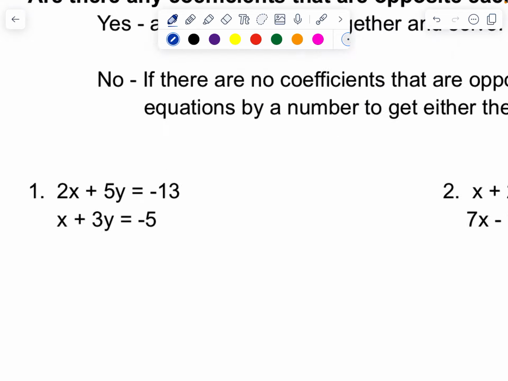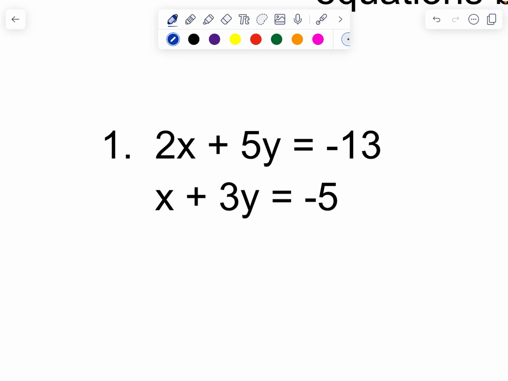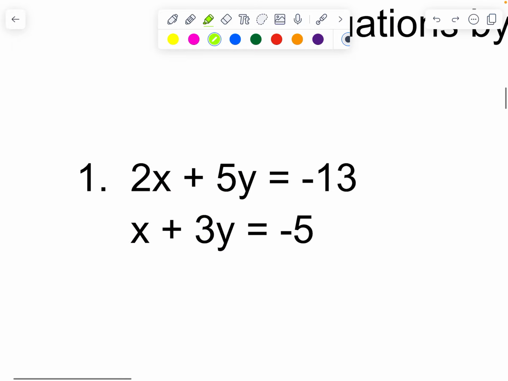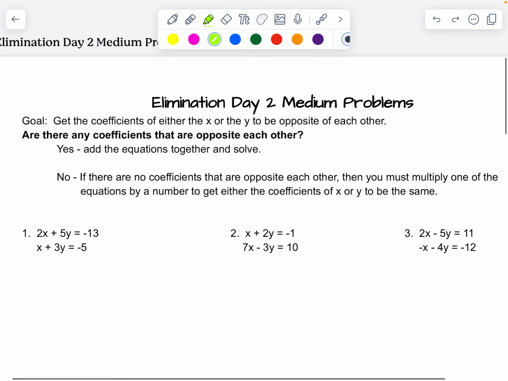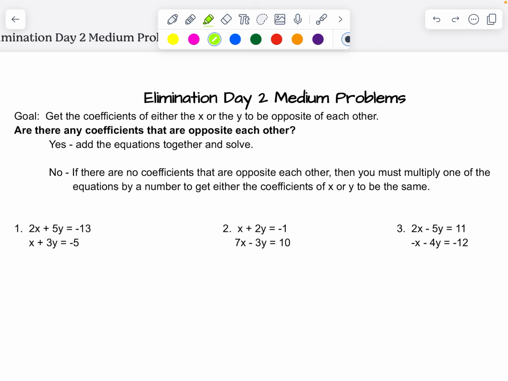If I look right now at the coefficients of x, these numbers are not opposite of each other. If I look at the coefficients of y, those are not opposites of each other. The whole point is to be able to get them opposite of each other so that we can eliminate one of the variables.